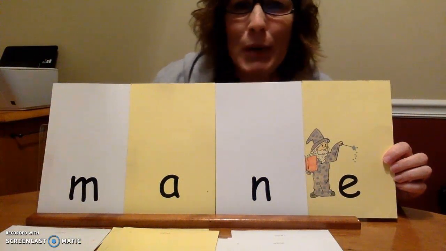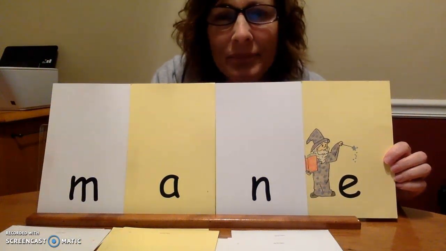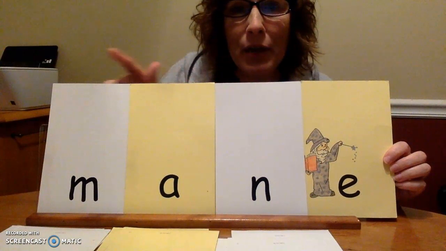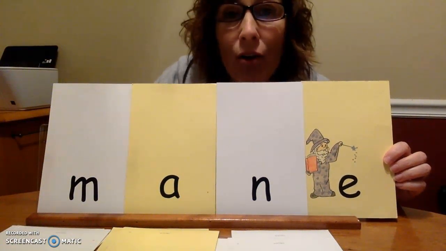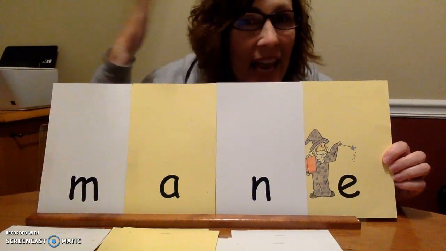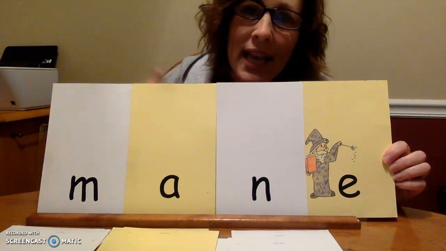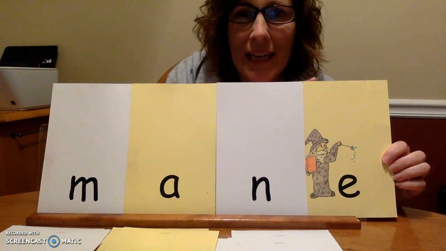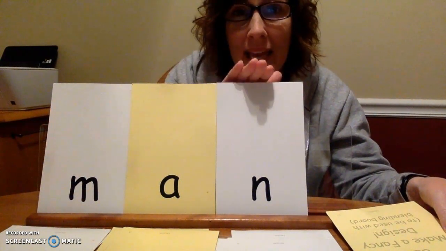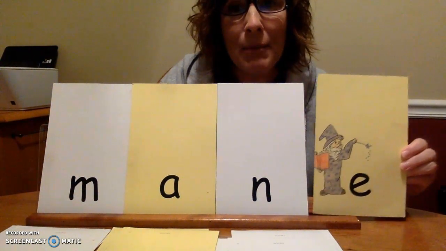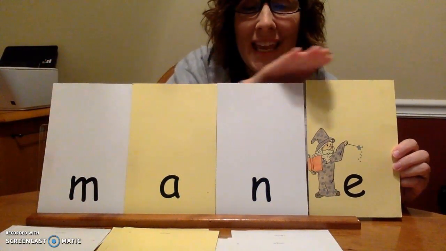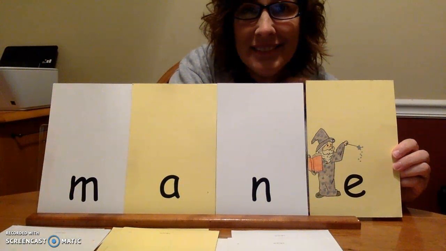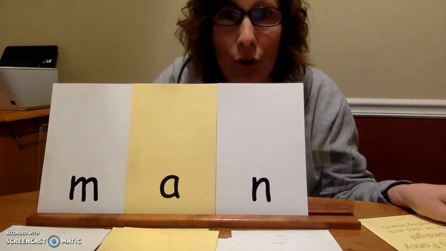Do you know what a mane is? This kind of mane that is spelled M-A-N-E is like the mane on a horse. So all that nice hair that goes down a horse's neck is called a mane. So we had man. Magic E came along and changed it to mane. I think magic E is so fun.